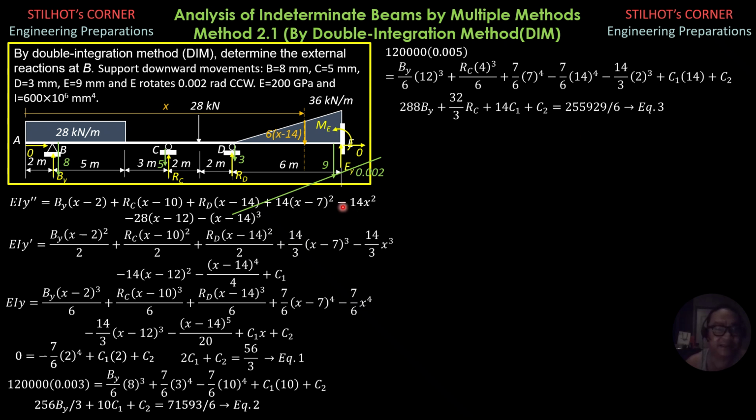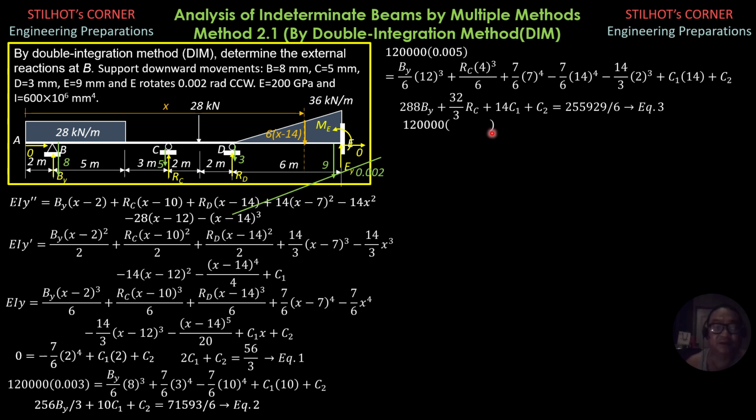Then when x is 20, E is 1 mm below B, where 1 mm is 8 minus 9, negative 1. So E is negative 0.001 meter. So when x is 20 at E, y is negative 0.001 meter.